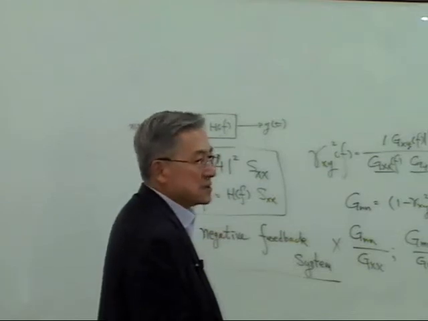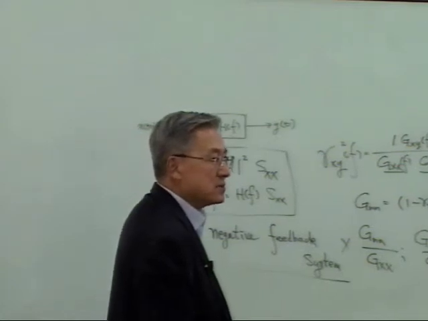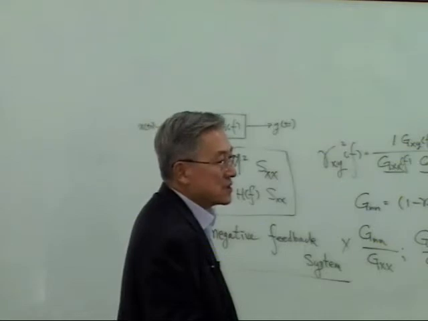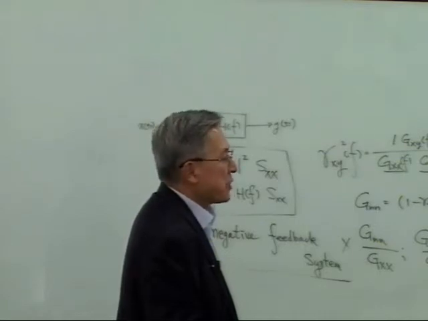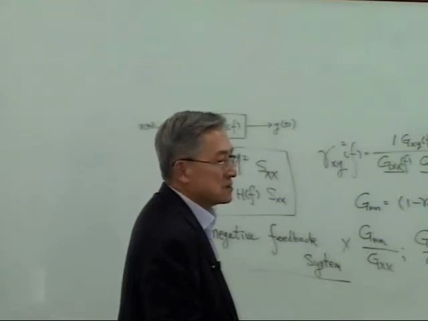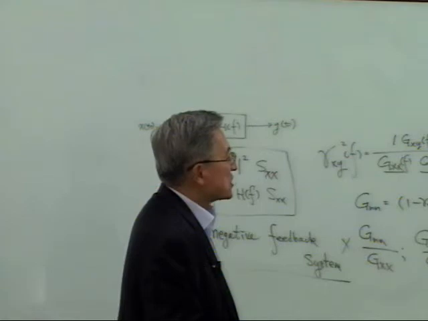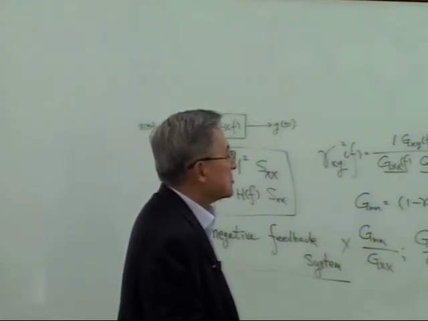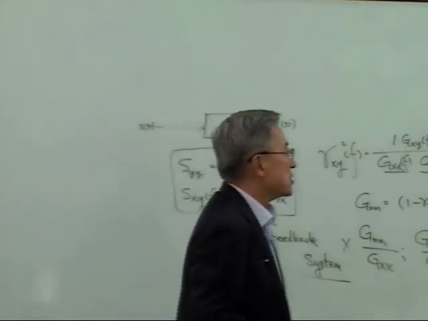Is it fully understandable? This is uncorrelated, independent of each other. U doesn't generate the M. Okay. Then Gxy is equal to Guy plus Gmy.